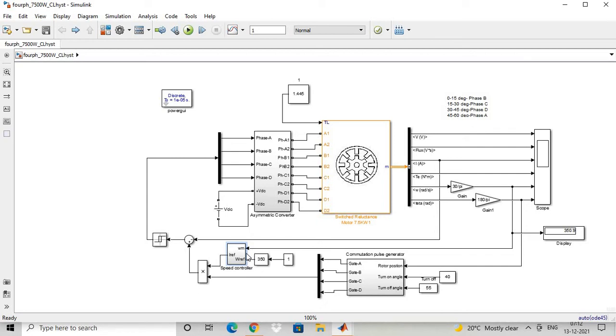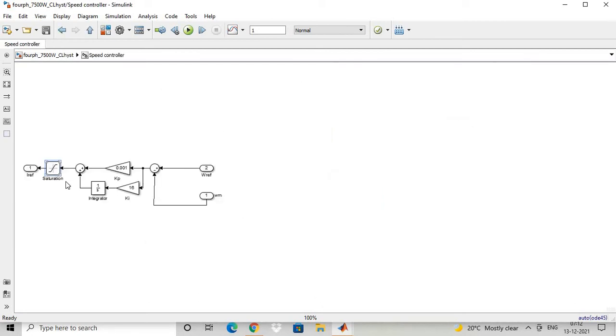The corresponding error signal is generated, and that error signal is given to the PI controller.